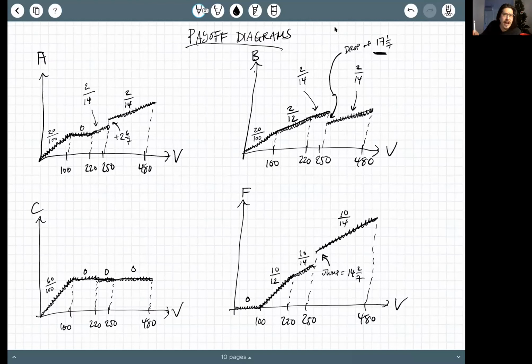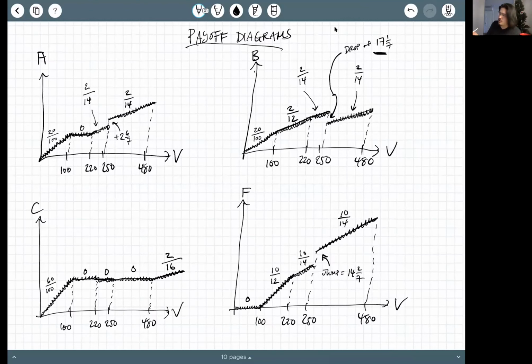So now we can figure out the last step of our waterfall analysis: what happens at 480 million in exit value. At 480 million in exit value, Series C converts. Since Series C converts, they now also own 2 million shares. So now there are 16 million shares: 10 million to founders, plus 2 million to Series A, plus 2 million to Series B, plus 2 million to Series C. That's 16 million total.